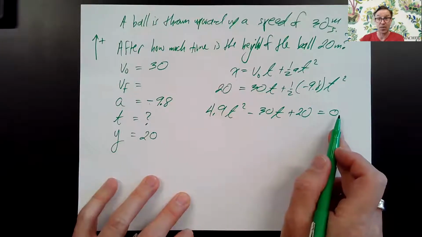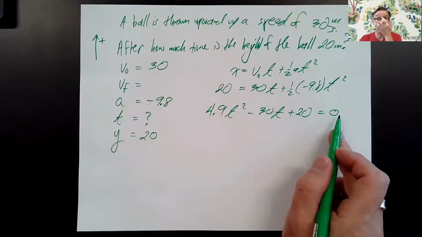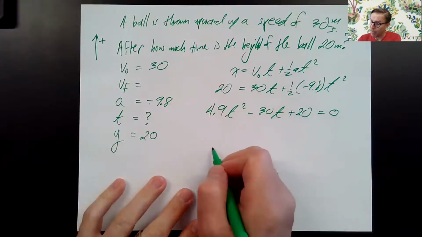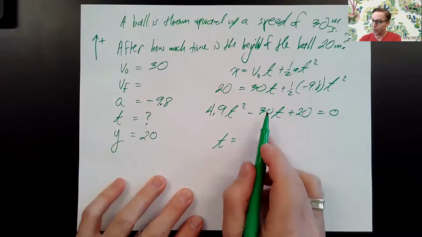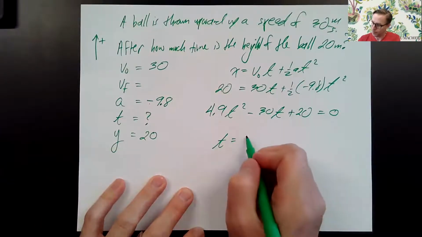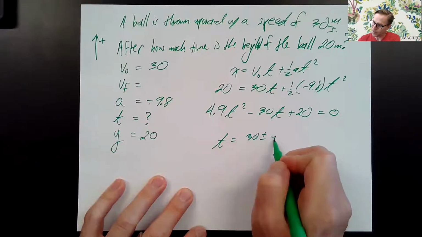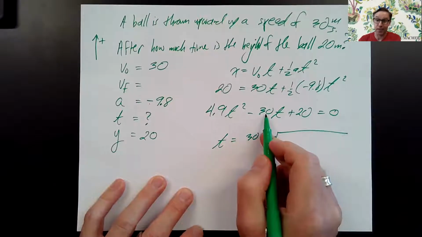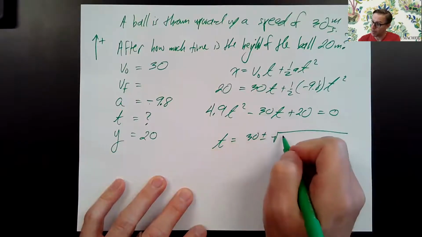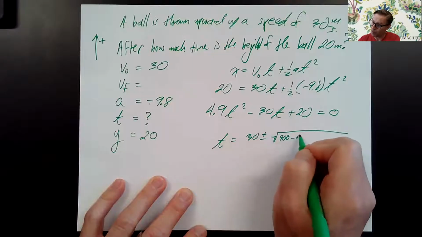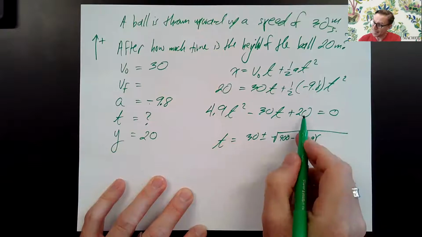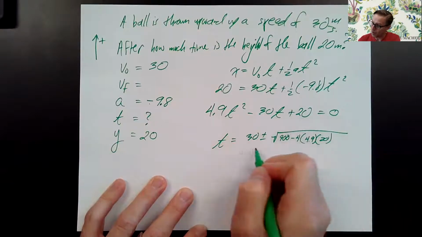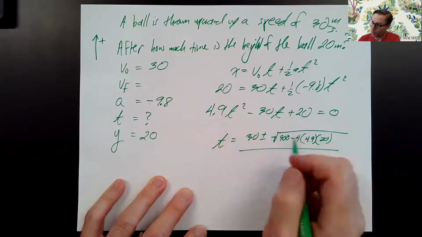I have 0 on the right side, so I can use the quadratic formula to solve for t. And that's how I'm going to get 2 answers for t. T equals negative b plus or minus the square root of b squared. Negative 30 times negative 30 is positive 900 minus 4ac, all over 2a. 2 times 4.9 is 9.8.